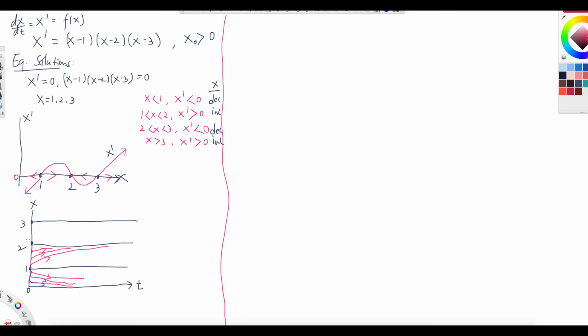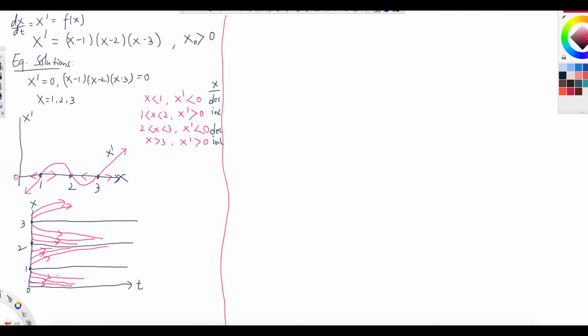And anything that starts between 2 and 3 will decrease as well, so the solution will decrease like that. This is what is given by the qualitative analysis of the solution. Anything that is greater than 3 will increase like this. Did you see that?